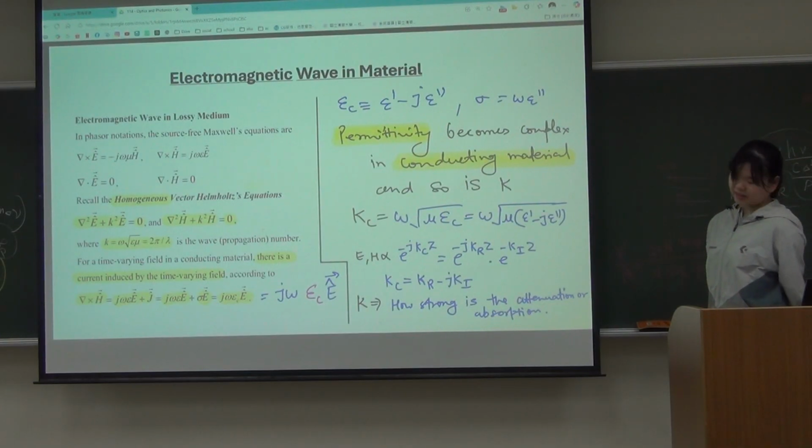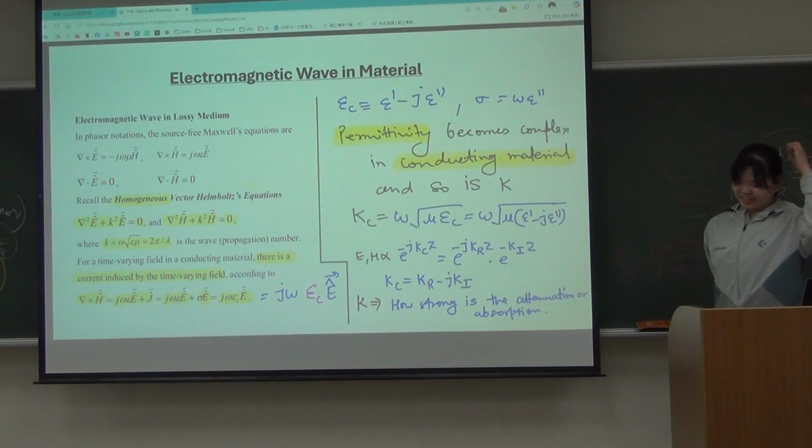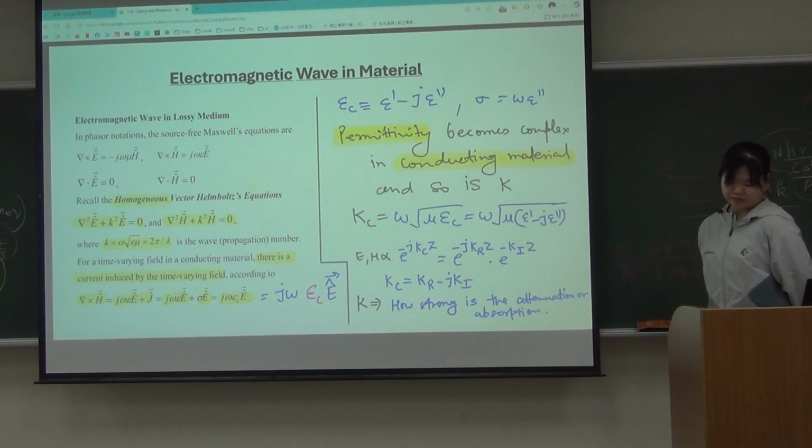And the complex permittivity of a conducting material describes the propagation speed and the energy loss of the wave in conducting materials.